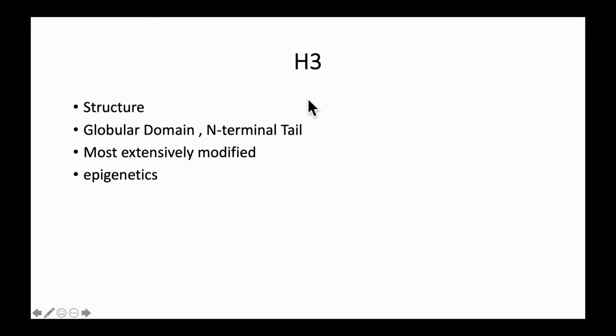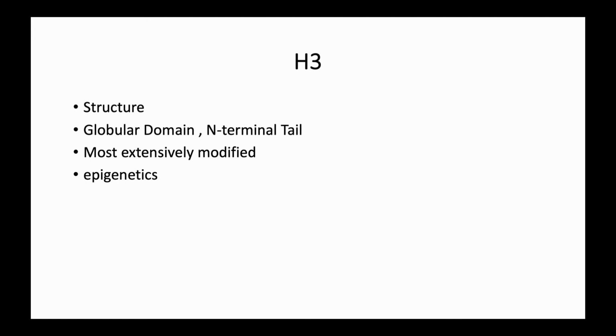H3 is also involved in the structure of chromatin. It has a main globular domain, and it has a long N-terminal tail. Now, histone proteins are highly post-translationally modified. However, histone H3 is the most extensively modified of the 5 histones.